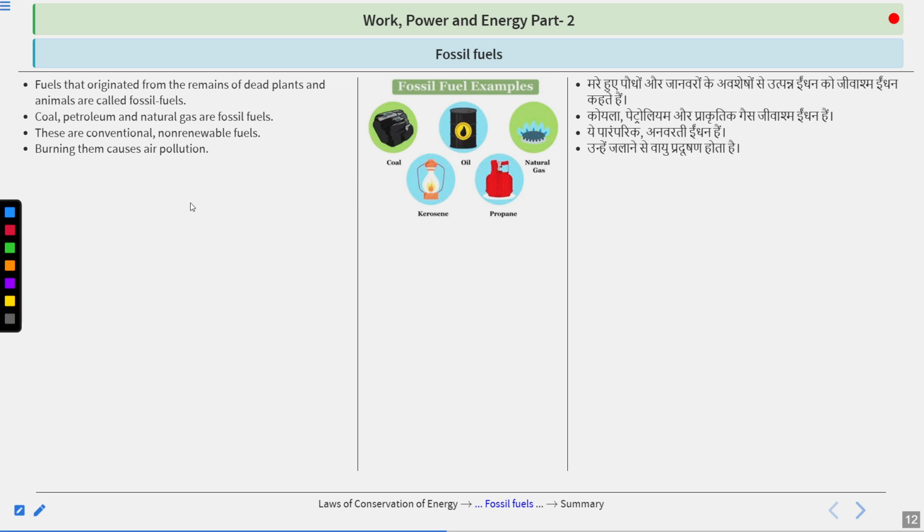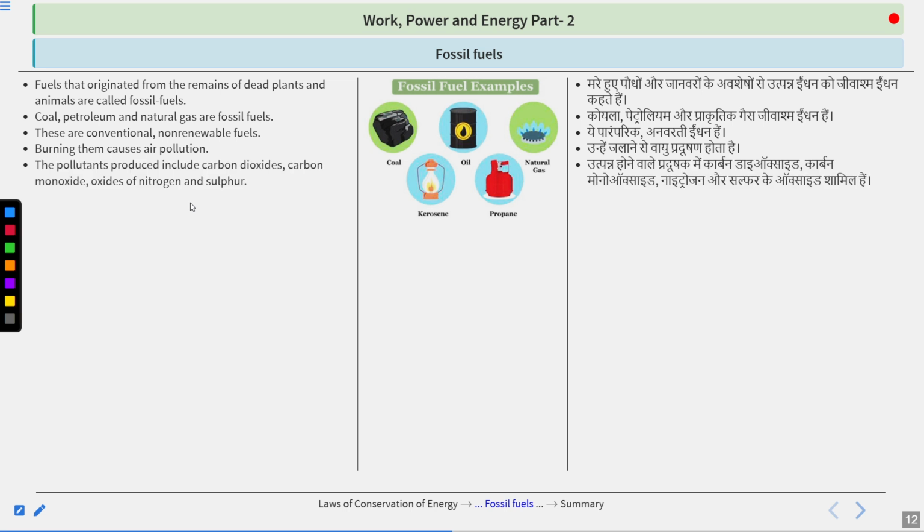Because these contain some hazardous substances like oxides of nitrogen and sulfur. Because of this, air pollution is created when we burn them. The pollutants produced include carbon dioxide, carbon monoxide, and oxides of nitrogen and sulfur, and these are harmful for our atmosphere as well as human health.